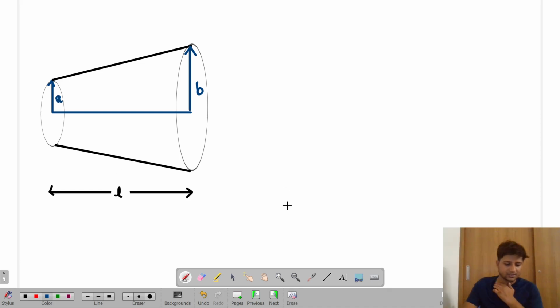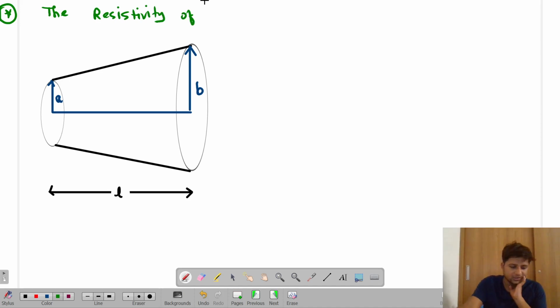The question says that the resistivity of the conductor is given as rho. Are you able to get me or not?